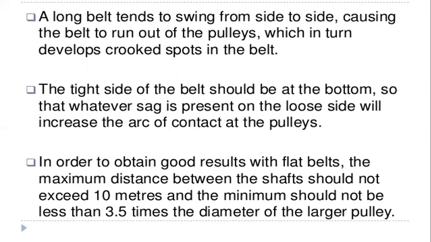And the minimum should not be less than 3.5 times the diameter of the large pulley. So when you are going to fix the pulleys, the distance between the two pulleys should not exceed 10 meters, and the minimum should not be less than 3.5 times the diameter of the pulleys.